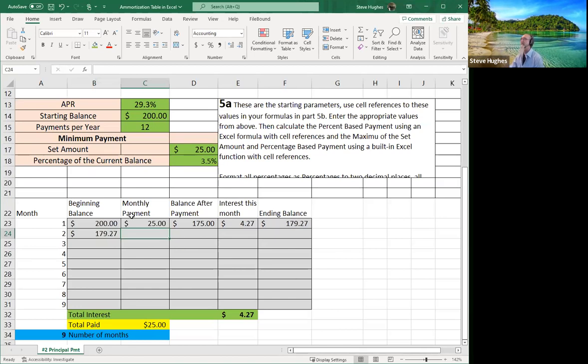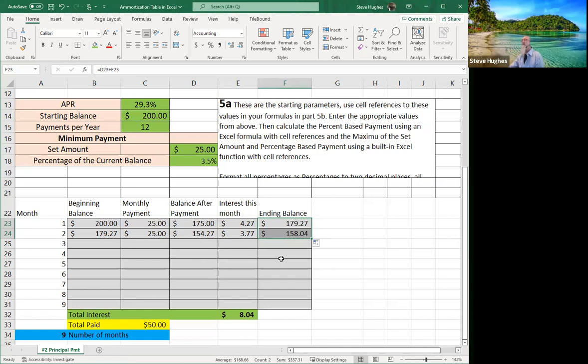Everybody, what's the minimum? Is it $25 or $179? You're right, it's $25. What's my balance now? My balance is 179 minus 25. What's my interest now? Just dragging down again. My interest is 3.77.